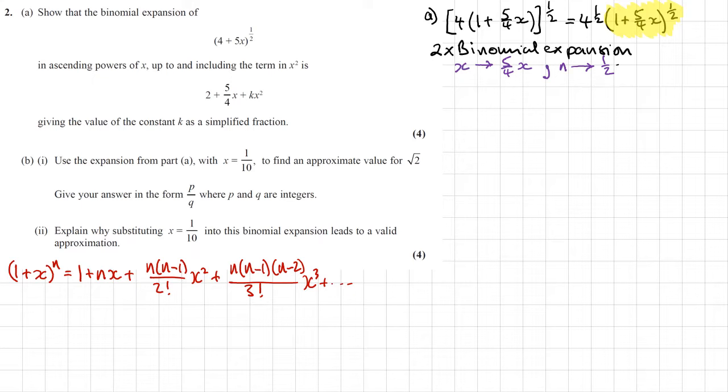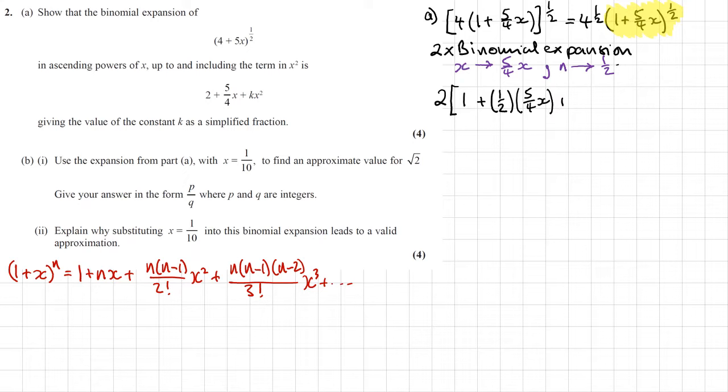Right, so the first term is just going to be 1. Don't forget it's going to be 2 times this expansion. So 1 plus nx, where n is a half, and x I'm replacing with 5 over 4x, so there's my nx.